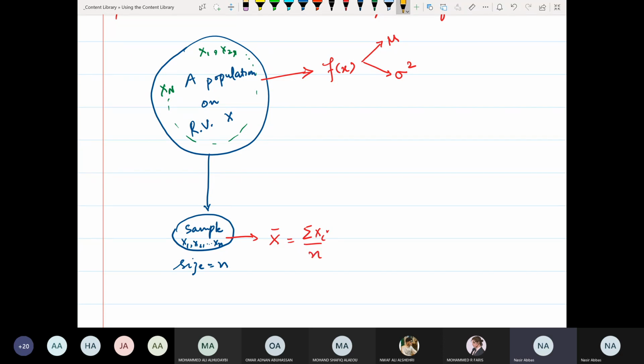And we say this x bar is a point estimate of this mu. Up until this point, this has been the whole story. If x bar is, let us say, 80, you will say your population mean will be around 80.